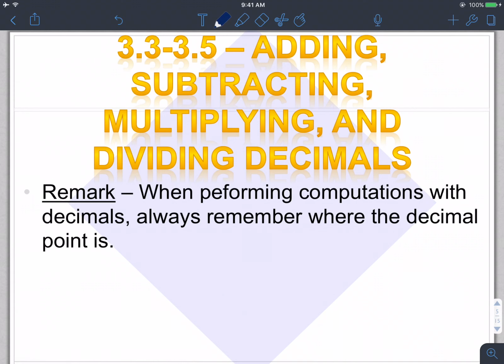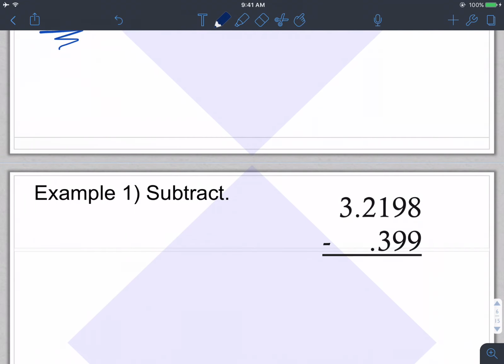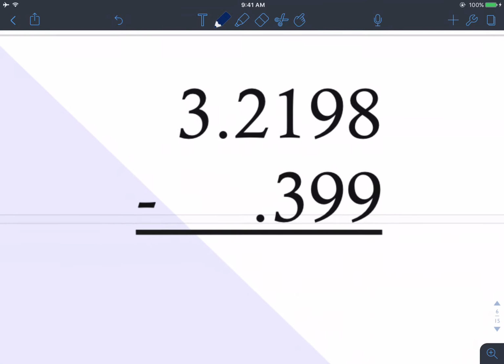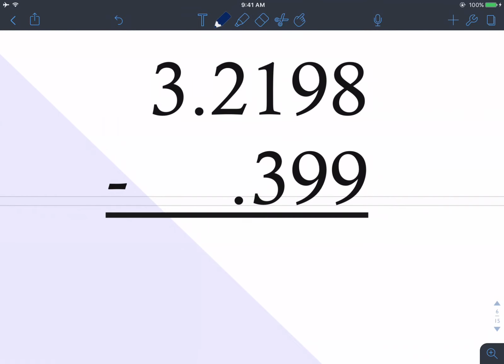That was pretty key for me to write where the decimal point was. All right, always keep that in mind. For example, look, it says subtract. But if I were to do 8 minus 9 and kind of borrow from that, I would be wrong in doing that because the decimal point needs to match up.